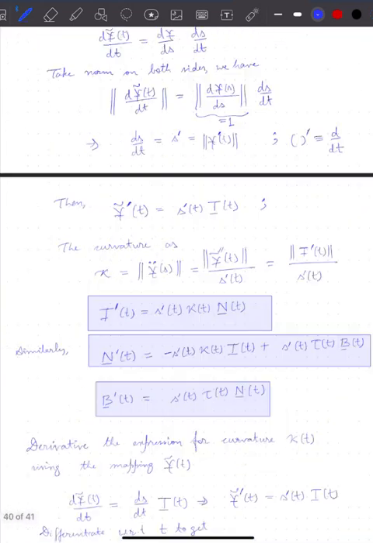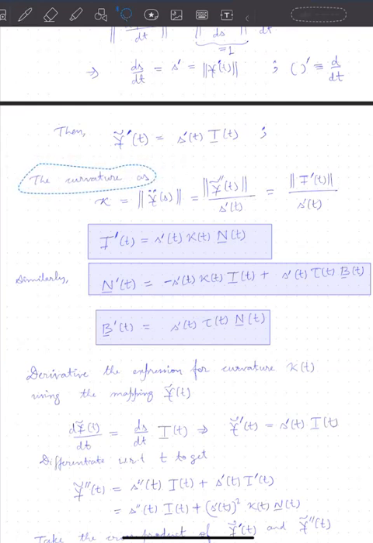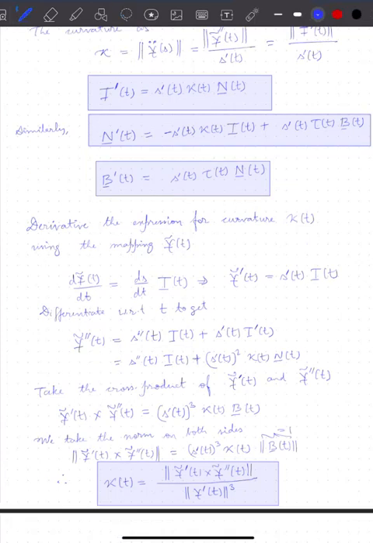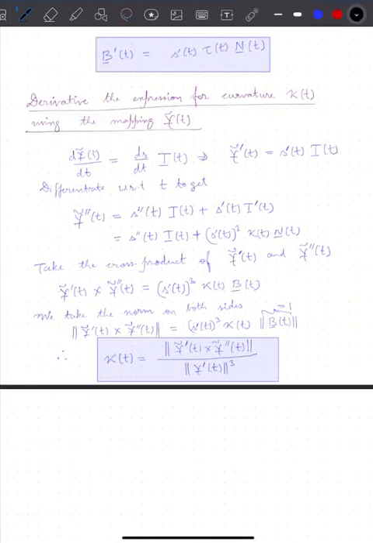Secondly, we would also want to derive, on the same lines, the expression for the torsion tau using just the gamma vector and of course its derivatives.